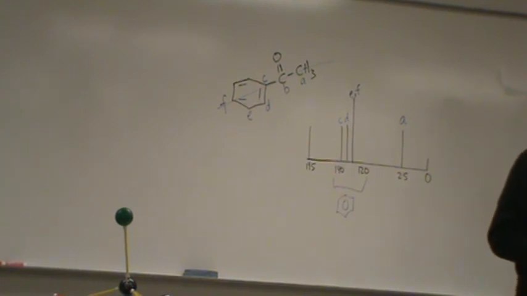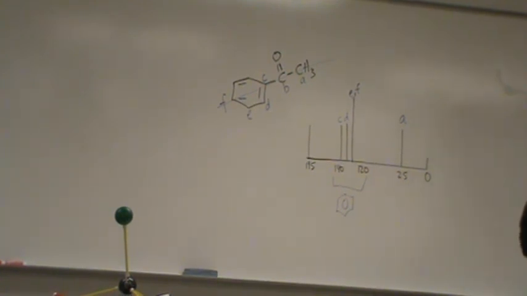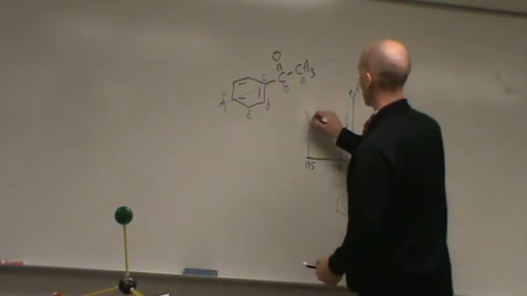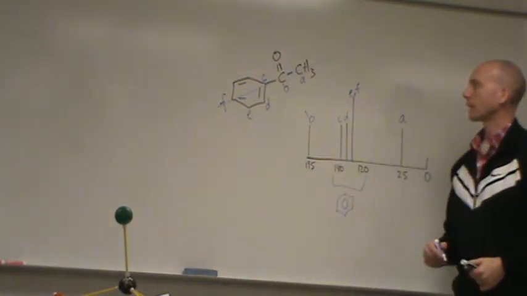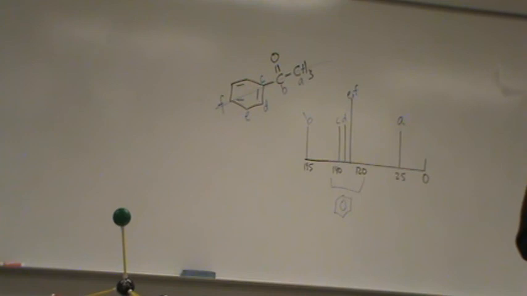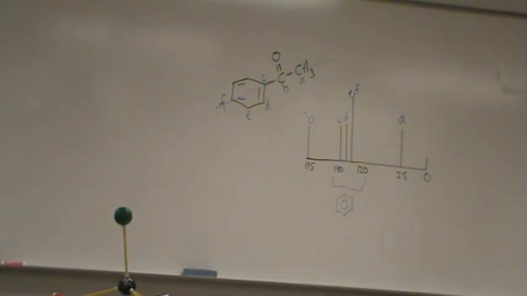That's making sense because that peak is twice as tall. Okay? And then the B peak is that carbonyl down there. Okay? Any questions on how we did that one?